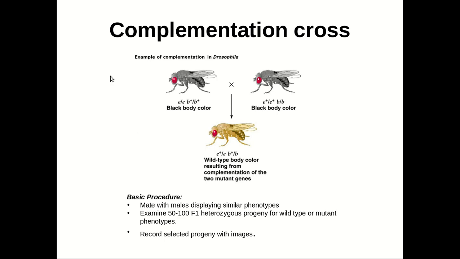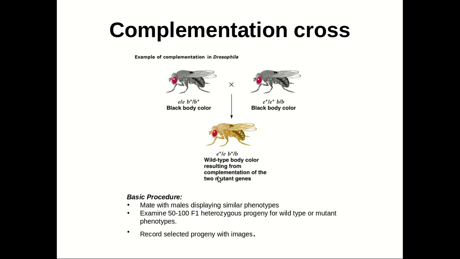So a complementation cross, black body color: you cross them and you get the wild body type. You mate males displaying similar phenotypes, and then you examine a bunch of flies and record the selected progeny with images. So the whole idea is you're going to cross some flies, you're going to get some results, and you record those numbers.